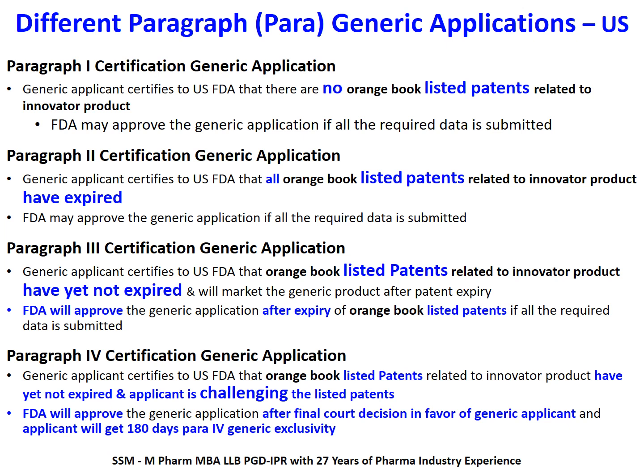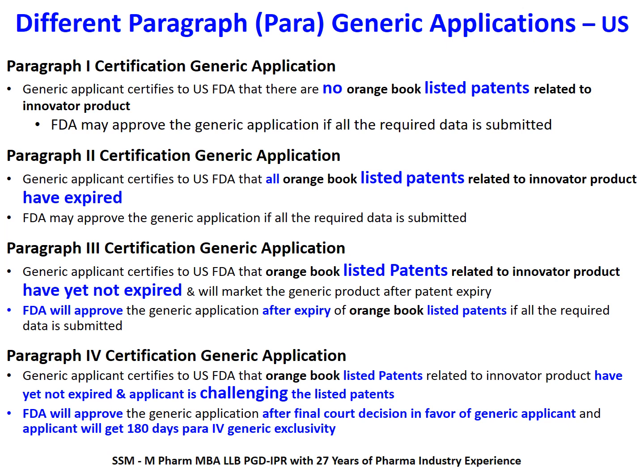In a Para 4 certification generic application, the generic applicant certifies to the US FDA that Orange Book listed patents related to the innovator product have not yet expired, but the applicant is challenging those listed patents.